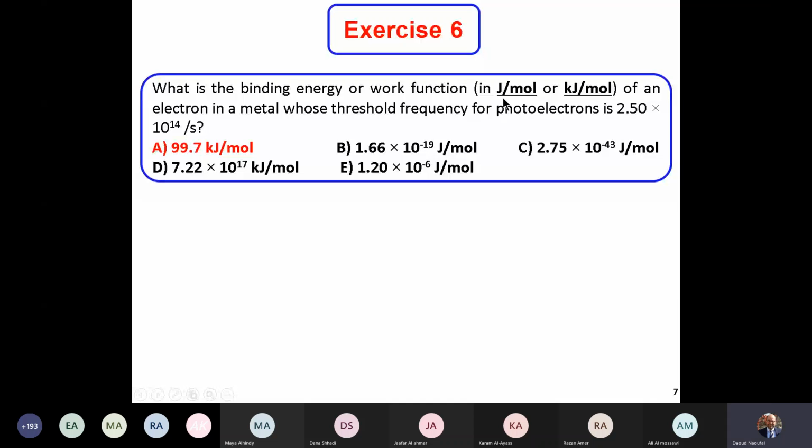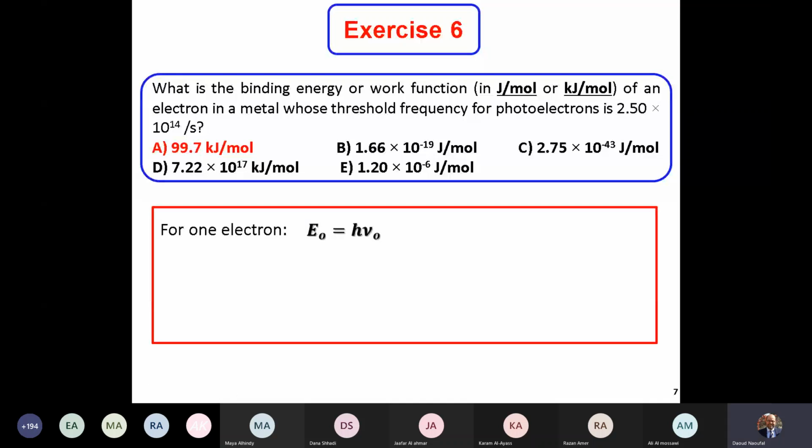Remember that when we transform from the microscopic scale to the macroscopic scale, we multiply by Avogadro's number, and when we transform from the macroscopic scale to the microscopic scale, we divide by Avogadro's number.